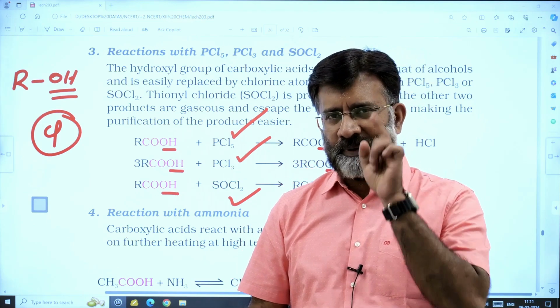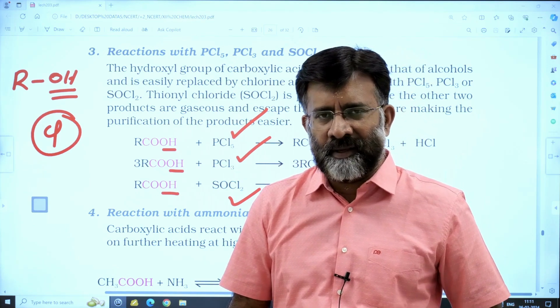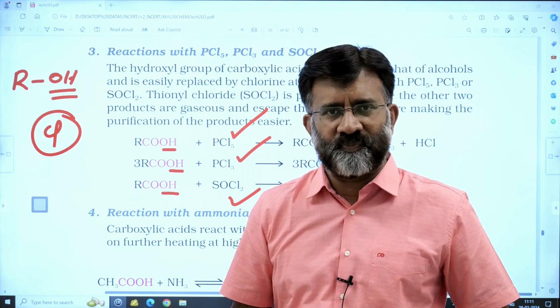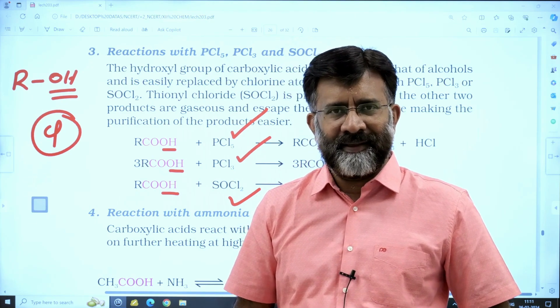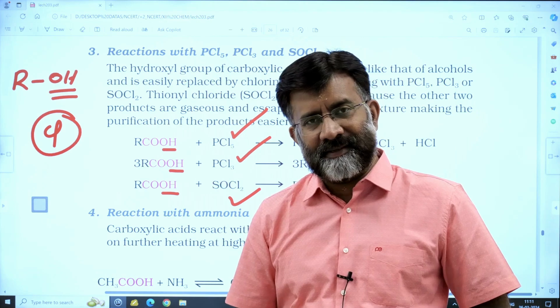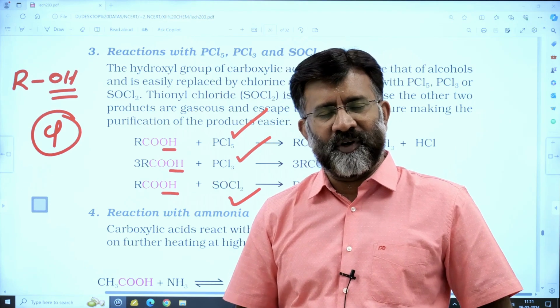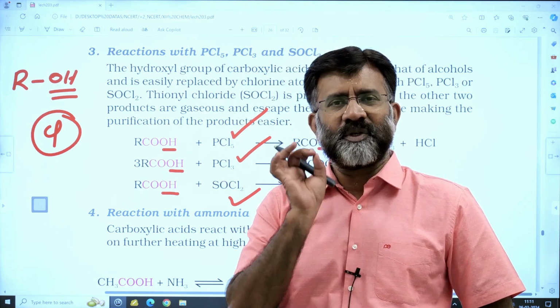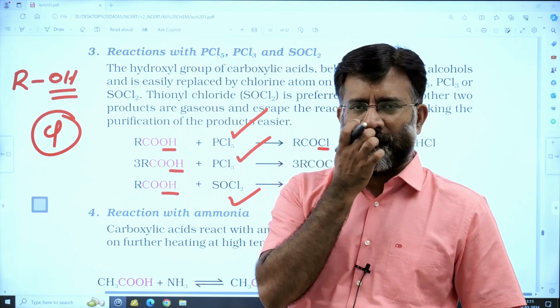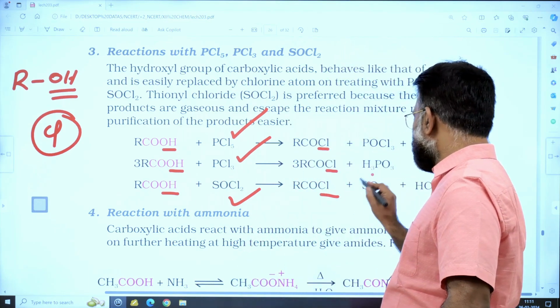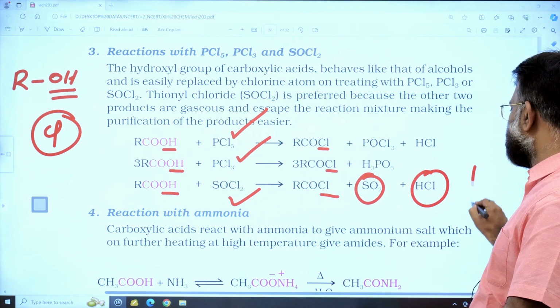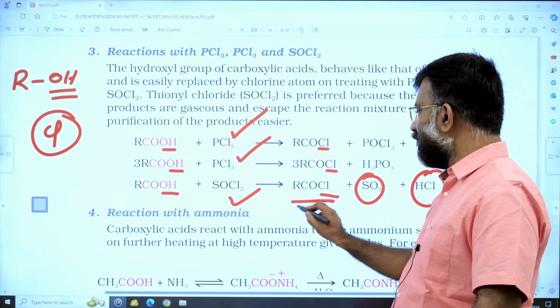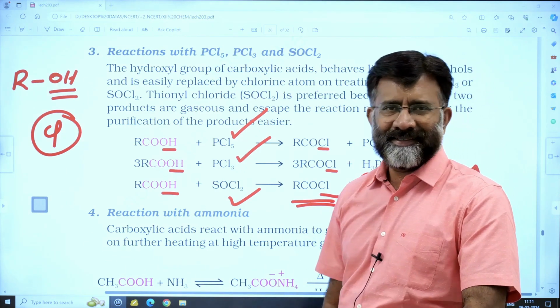The first preparation procedure of haloalkanes is from alcohols: PCl3, PCl5, HCl with zinc chloride, red phosphorus with halogen. The most important one is thionyl chloride, important because the byproducts are gases, they escape, and you get the pure product. Isn't it? Fine.